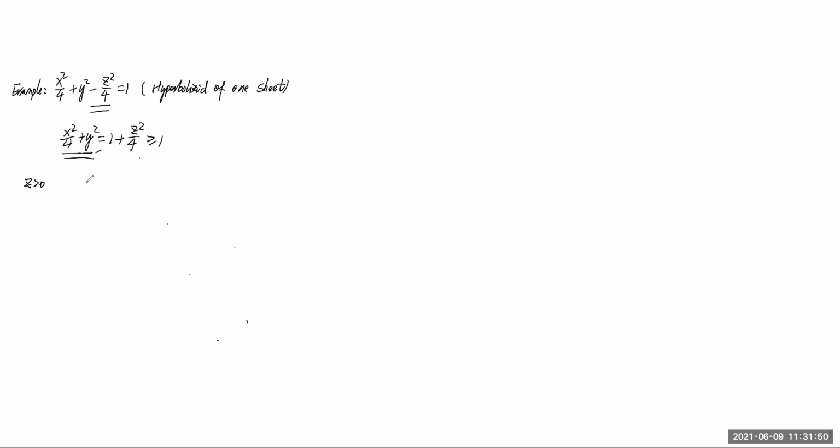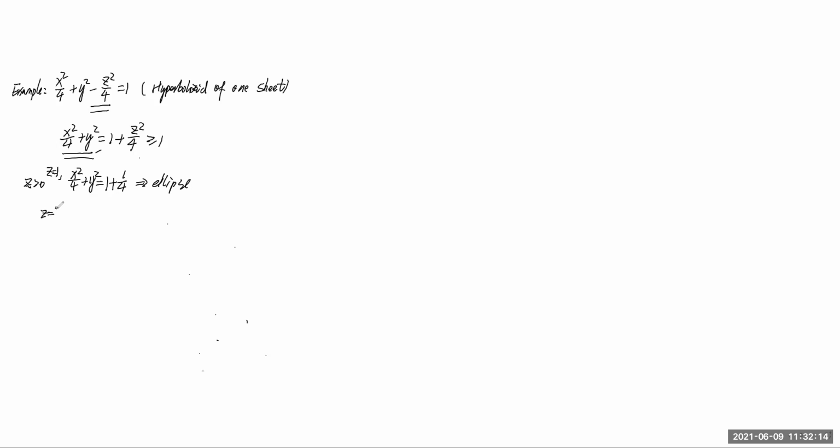So let's look at z greater than 0. x squared over 4 plus y squared is 1, we pretend this time z is 1. What's this? This is an ellipse.